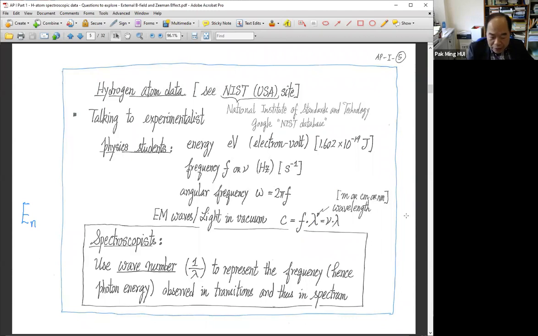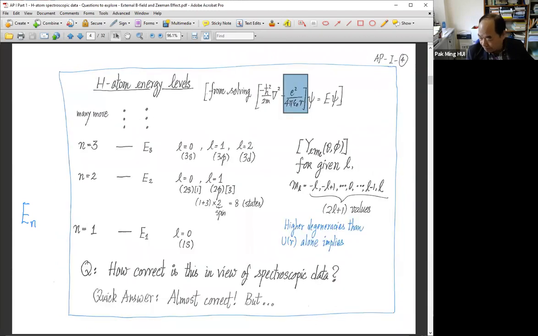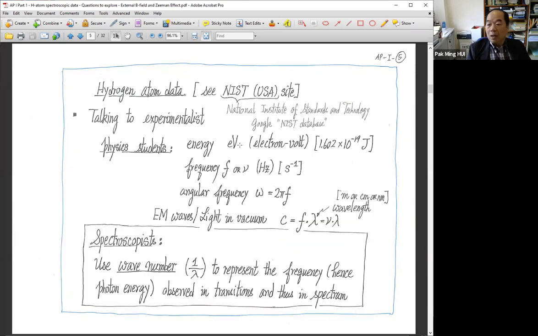So the question next is, does it work? This is actually part of the last week's exercise class. I will show you some data, high precision data from spectroscopy, that is the very accurate experiment.